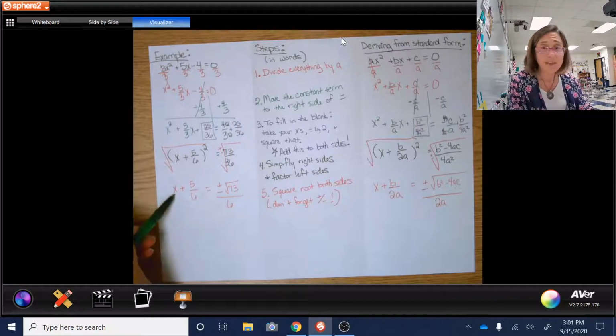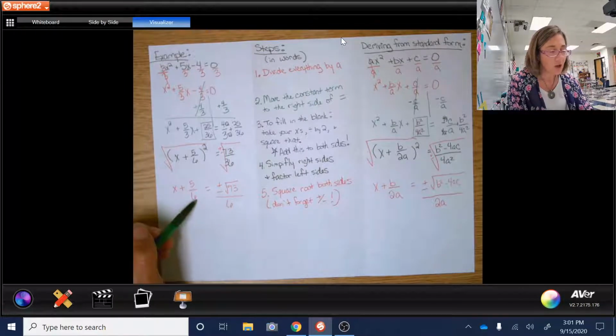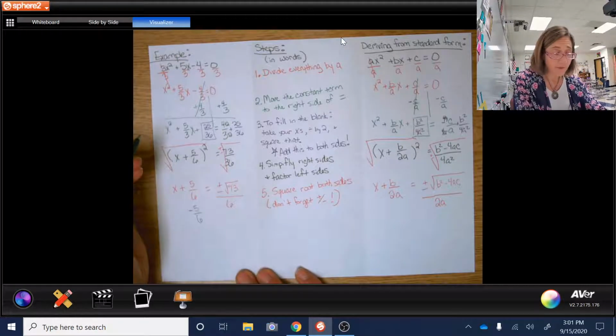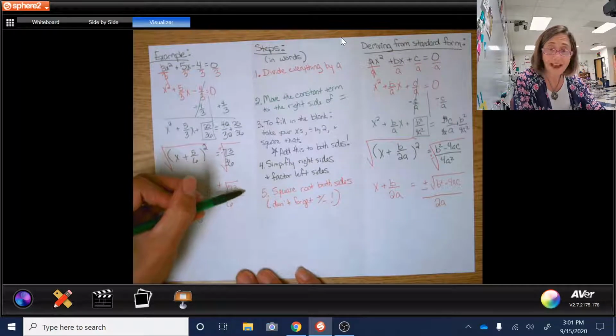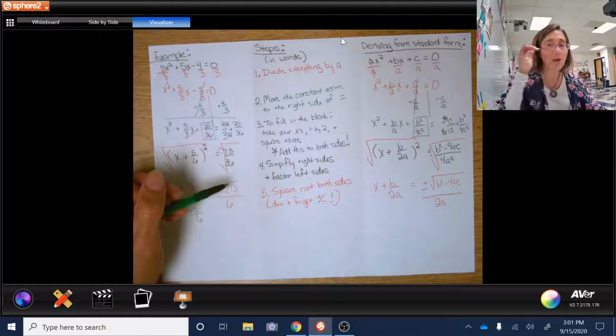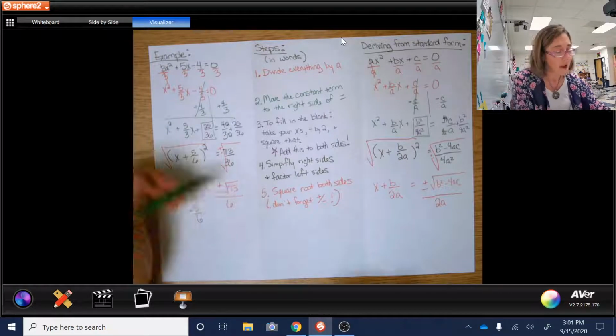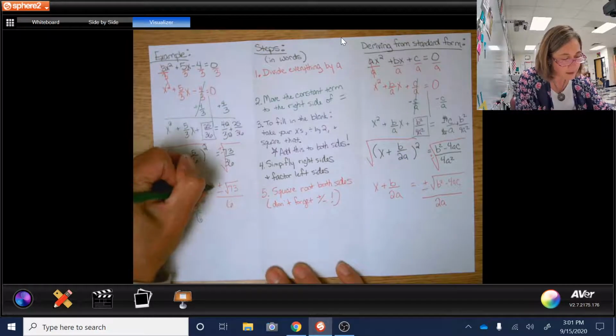Now, I almost have this x by itself. This x is added to a 5/6. So I want to get rid of that. So I'm going to subtract 5/6 on both sides. Now, we talked before about if you put this on the back end, it might be questionable how long the square root sign is. I don't know, is it under that, is it not? So I'm going to put the minus 5/6 in front.